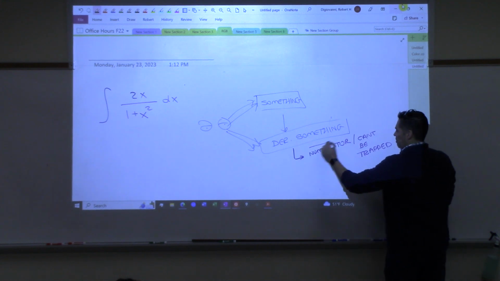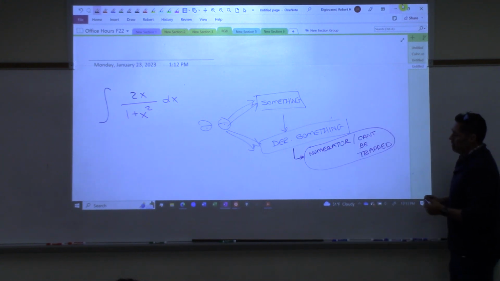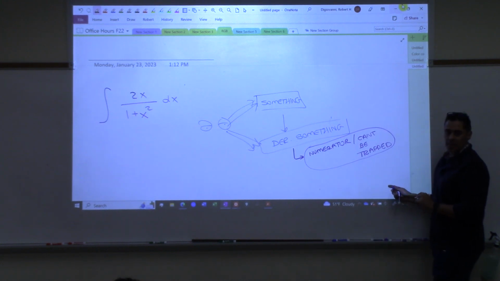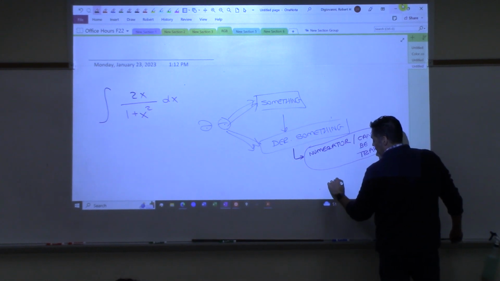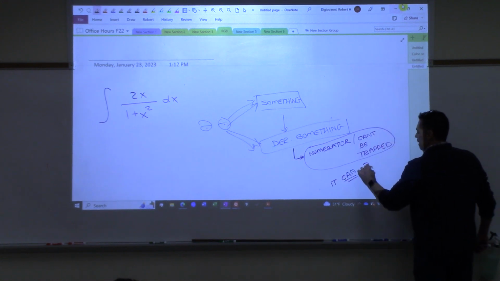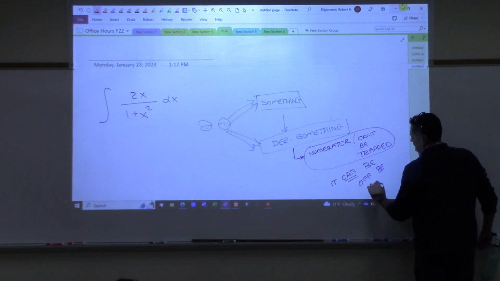So, it must be in the numerator, it can't be trapped, it cannot be inside of a sine function, because then it would be trapped, okay? Also, there's one more thing. It can be off by a constant.